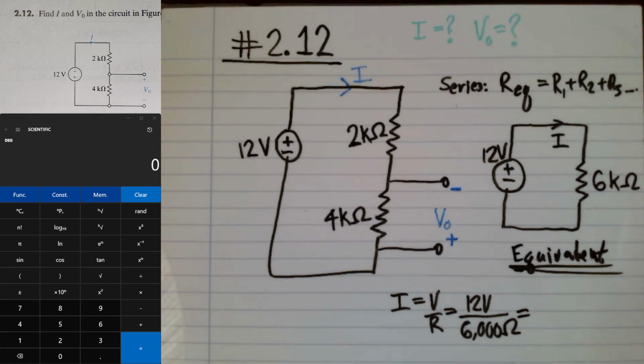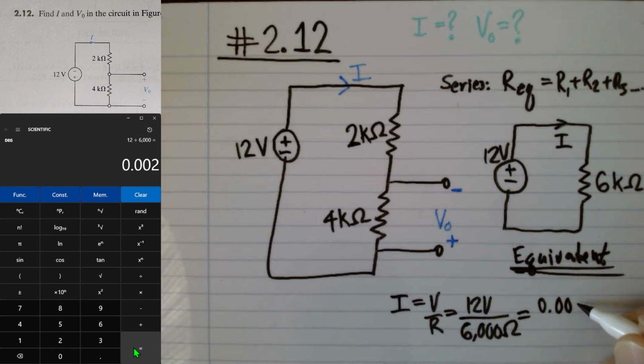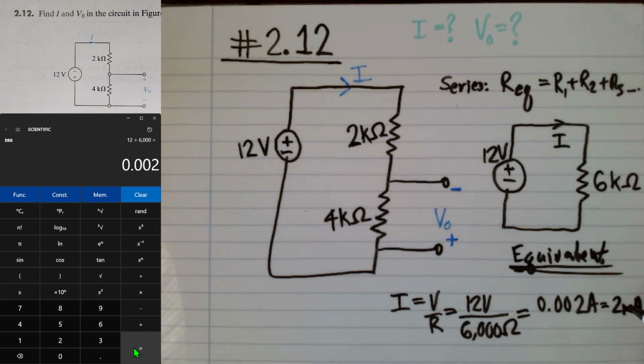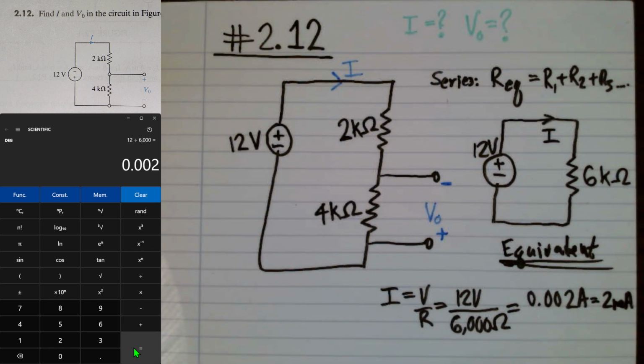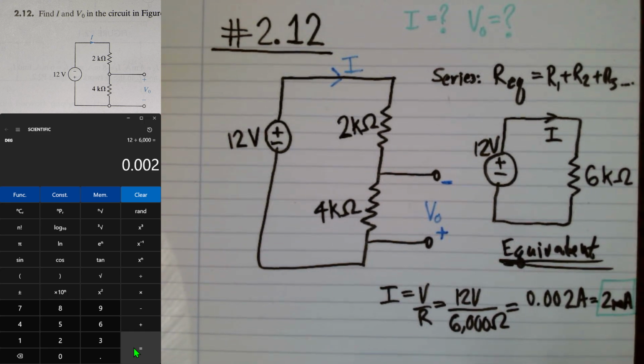So if we go to our calculator here, we have 12 divided by 6,000, which gives us 0.002 amps, which is the unit for current, which is equivalent to just 2 milliamps for our answer for our current here. Okay, so our answer for the current in the circuit is 2 milliamps, as you see here.